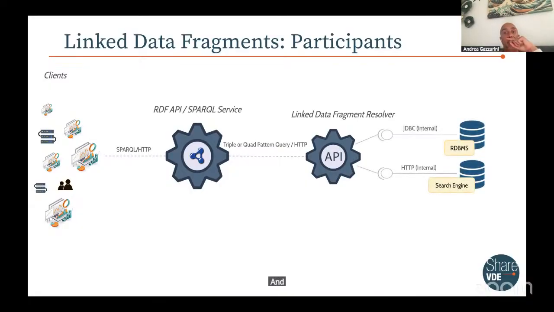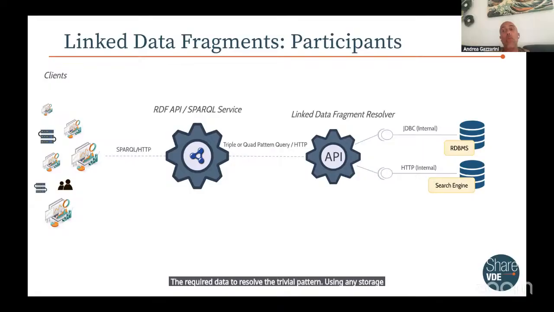And the linked data fragment resolver doesn't need to fetch the data from an RDF store. It can fetch the required data to resolve the triple pattern using any storage.